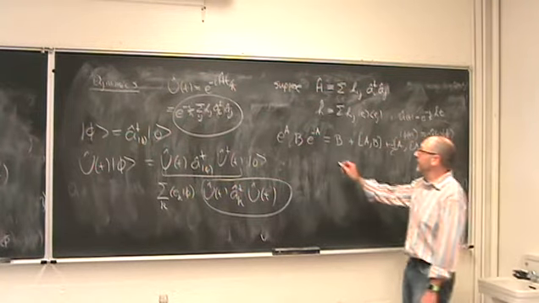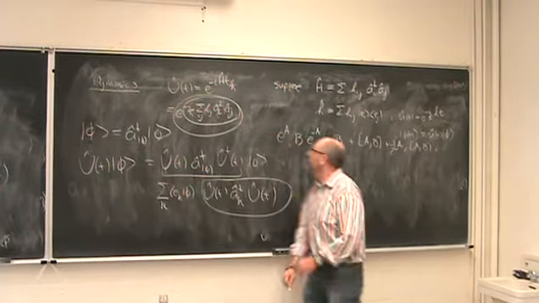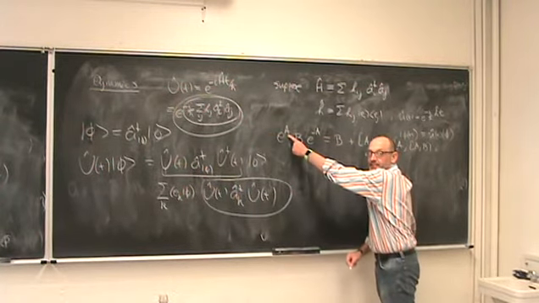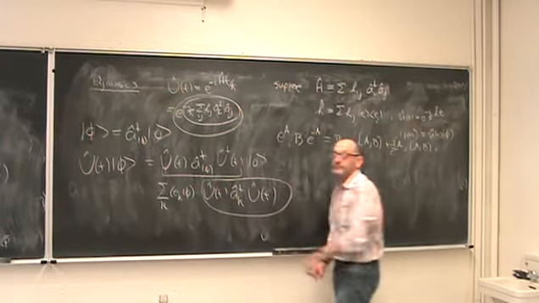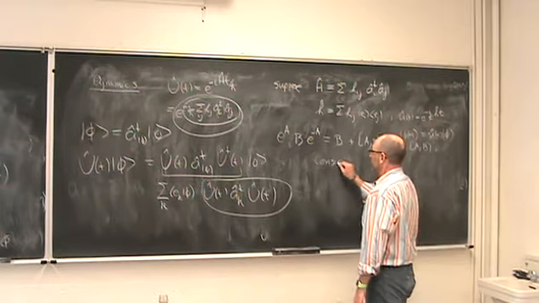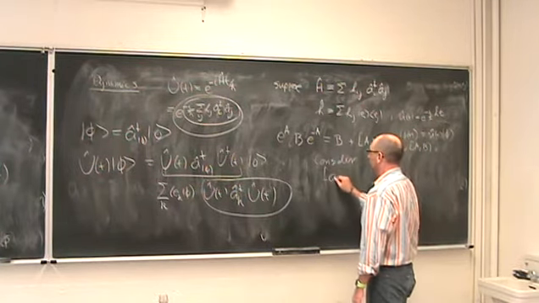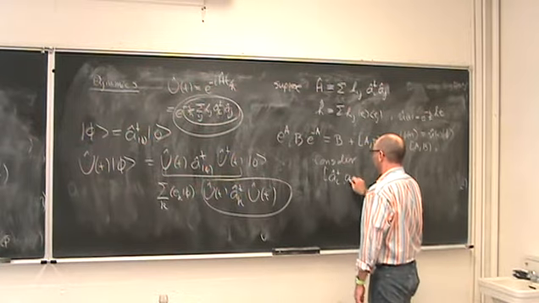So in this case, this whole thing is A, and this is B, right? So I need to consider the commutator, whether these are bosons or fermions.